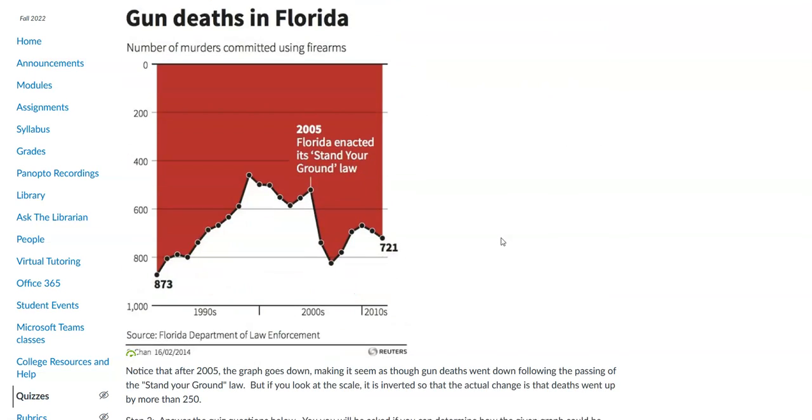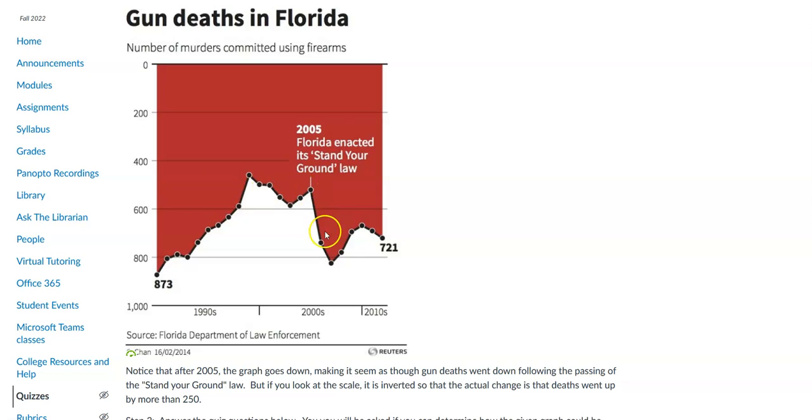And here's a good example. This is a graph that shows gun deaths in Florida, number of murders committed using firearms, and it says in 2005 Florida enacted its Stand Your Ground law. And look how those deaths really plummeted there. Well, what's happening here is they turned this graph upside down. So 0 is up here and 800 is here. So before the Stand Your Ground law, we were at maybe 500-ish.